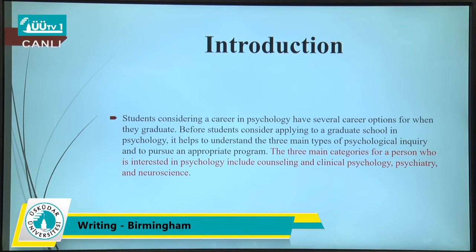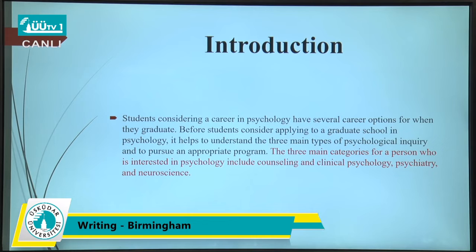Okay, if you look here, we have this sentence. The three main categories for a person who is interested in psychology include counseling and clinical psychology, psychiatry, and neuroscience. As I told you before, we should have a thesis statement here.